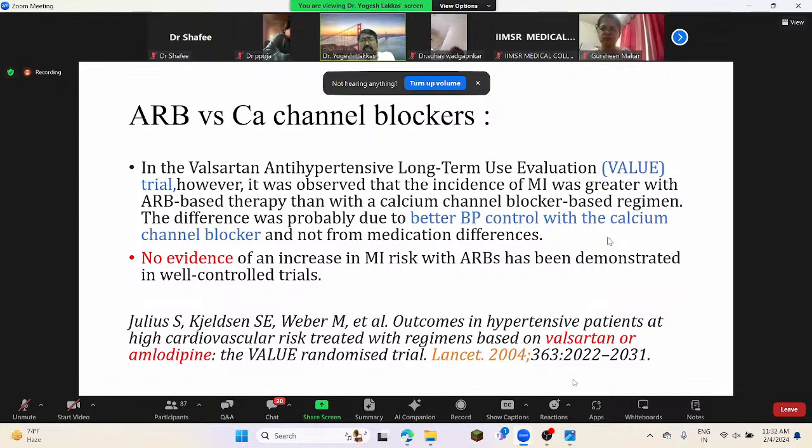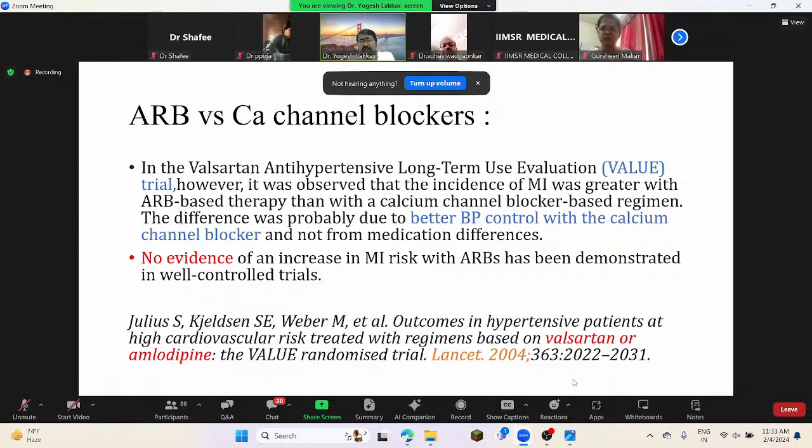Few trials showed that amlodipine or calcium channel blockers are very important, but there is no evidence of increased MI risk with ARBs that has been demonstrated. But both are equally important molecules. Only what we discussed in the initial slides, like in the direct renin inhibitors, can have more favorable effects because it blocks renin itself, which otherwise accumulates with ARBs, and that can have deleterious effects on the end organs.